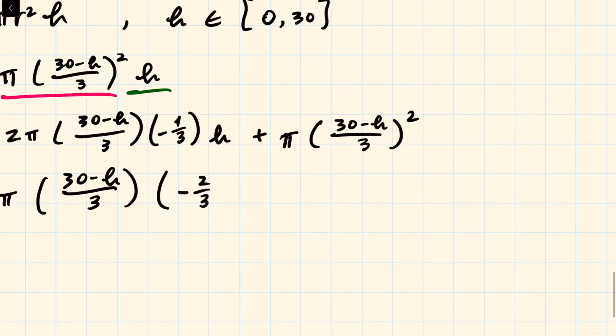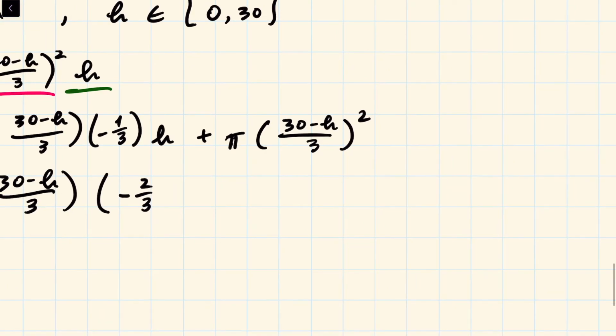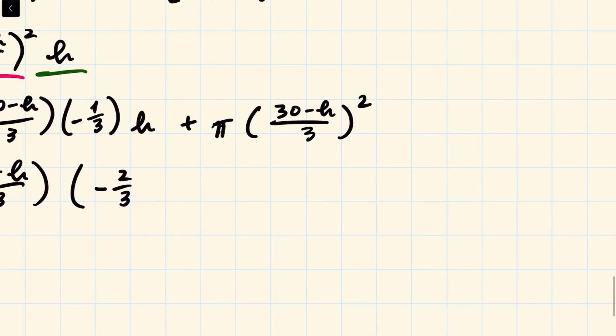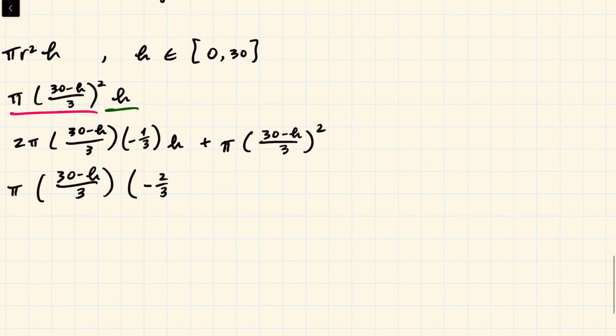And then of course, on this side we just have plus 30 minus h over 3.